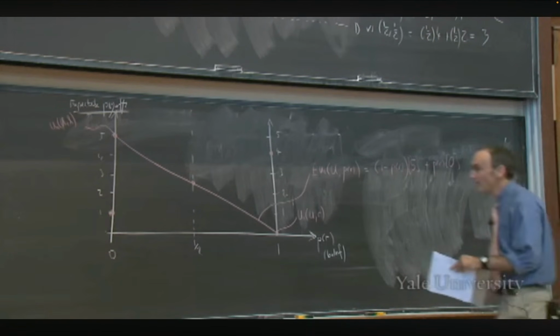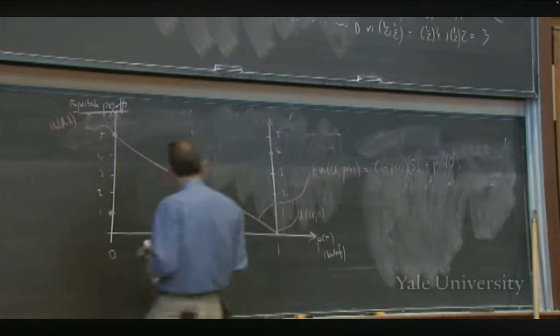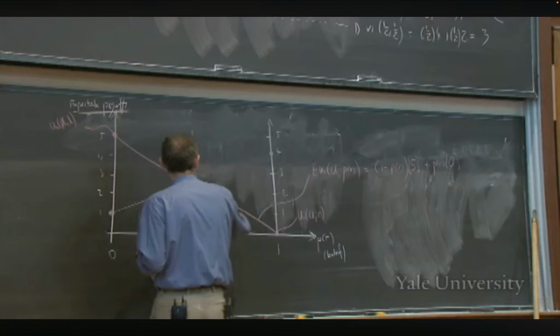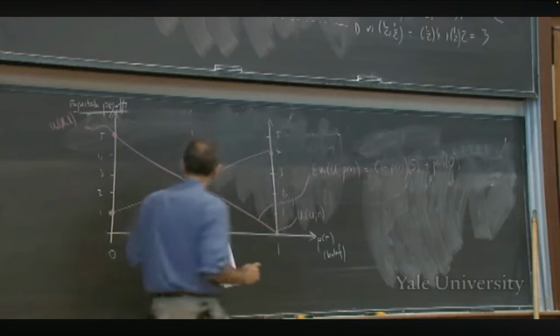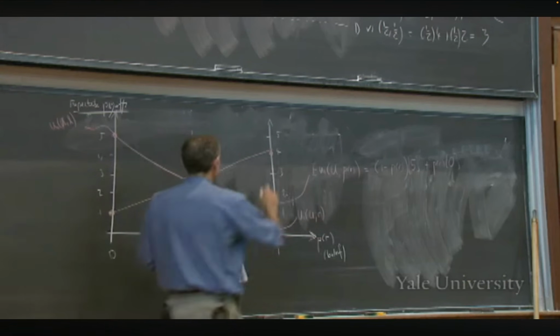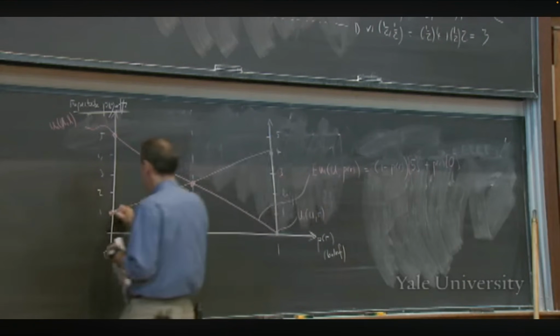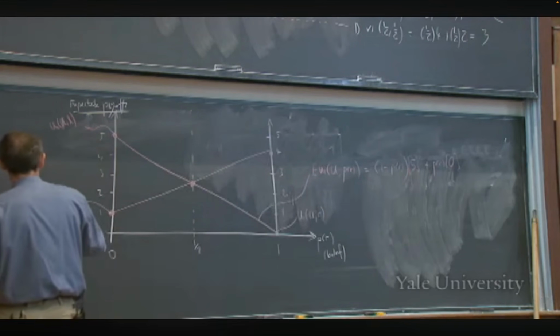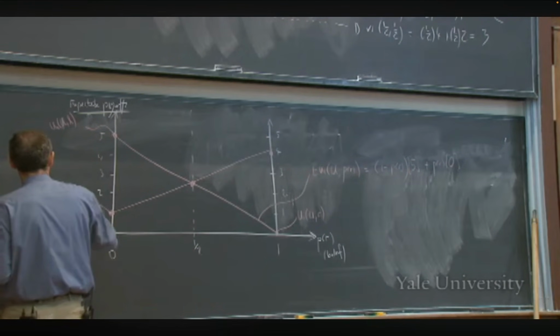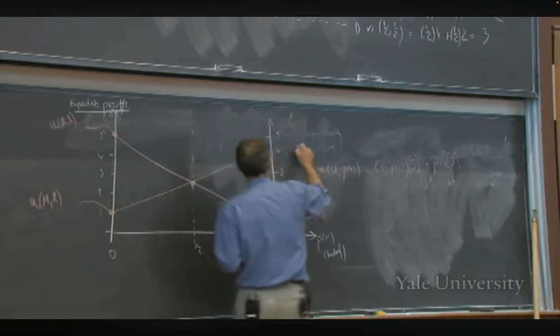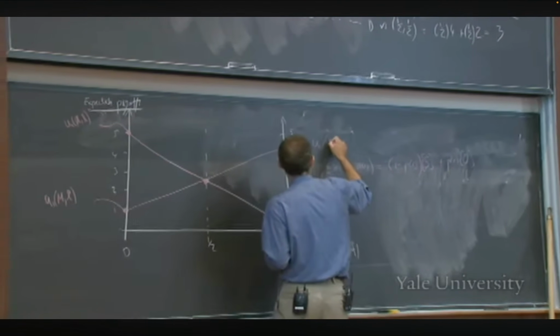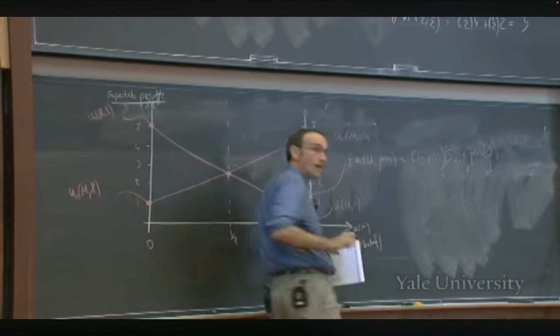Putting that all together, the line must go through here, and once again I get a straight line. I think I might have missed slightly, but that's more or less right. This is the payoff to player 1 of choosing middle against left. This is the payoff to player 1 of choosing middle against right.